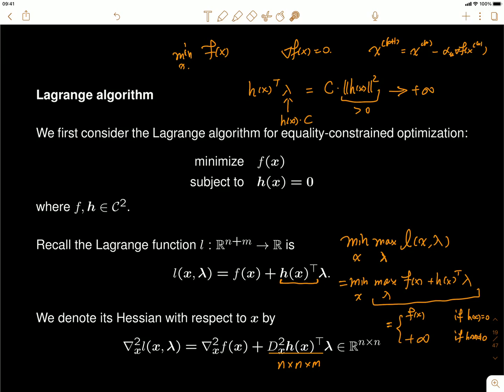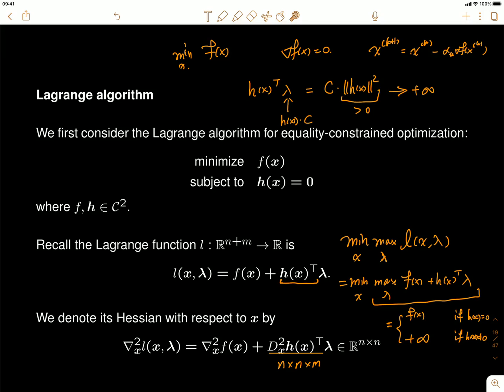So when we do the minimization, we can only do it over the first case, when h(x) is equal to 0, and we're taking the minimum of f under such constraint. That is the original constrained problem that we have. So what I'm trying to say here is that the Lagrange function gives you a very interesting structure. We're actually doing this min-max.